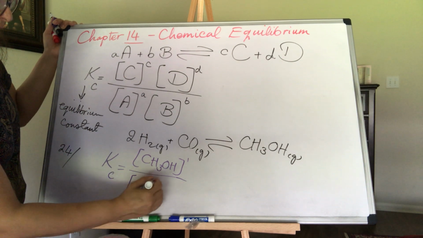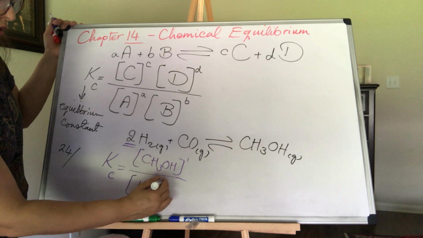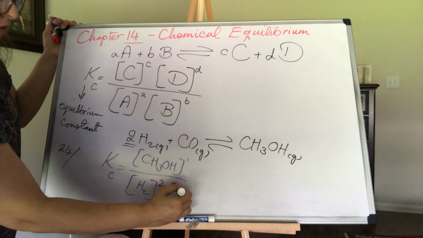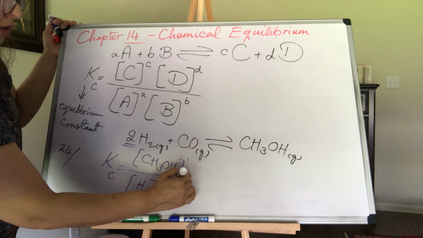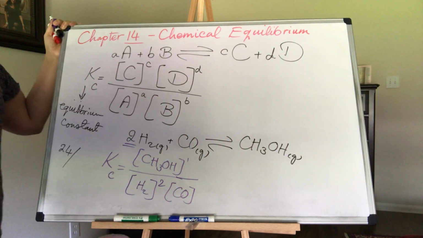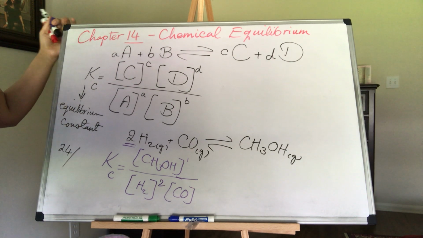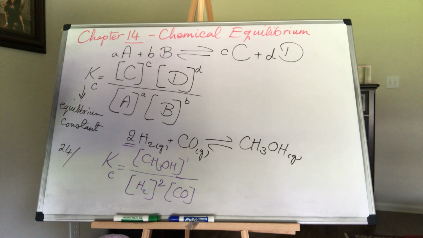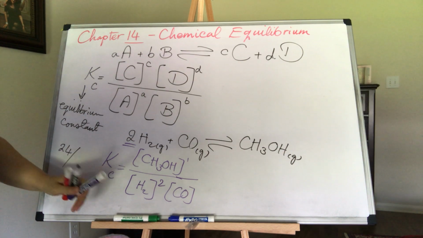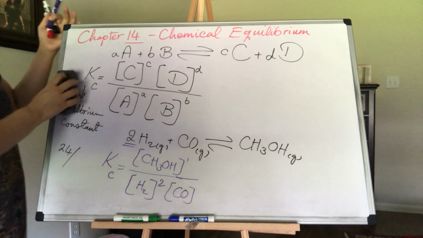H2, what is the coefficient for H2? 2. And for CO it is 1. So that's how you write the expression for Kc. So let's work on another question to find the value of Kc with real numbers.